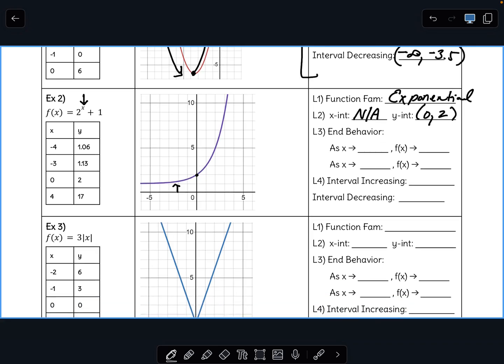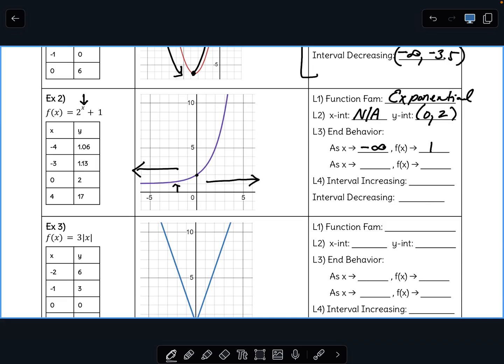All right, so let's look at our end behavior. So, as x is approaching negative infinity, our f of x, or our y, is approaching 1. Remember, that's that special case with exponential you have to remember.